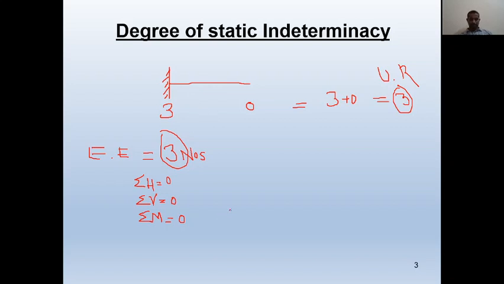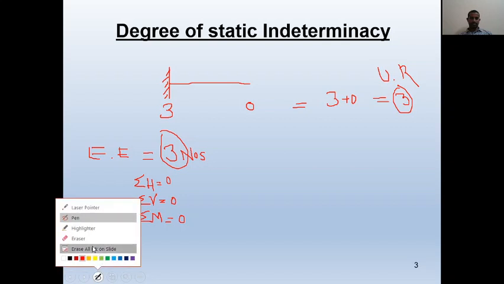Similarly, if you consider a simply supported beam, it will have a hinged support at one side, and on the other side we will have a roller support, and for roller we have one unknown, and for hinged support we have two unknowns.